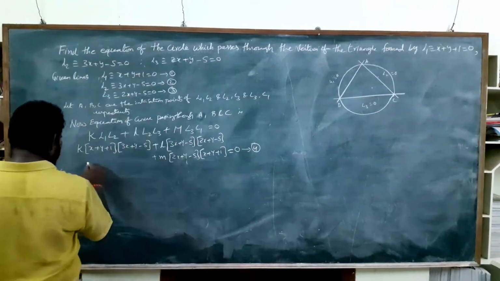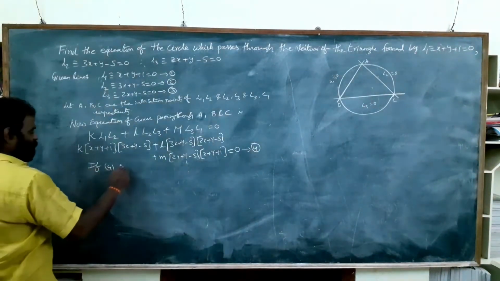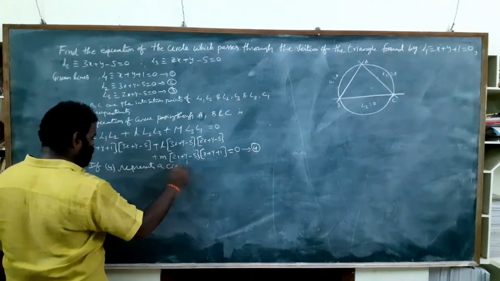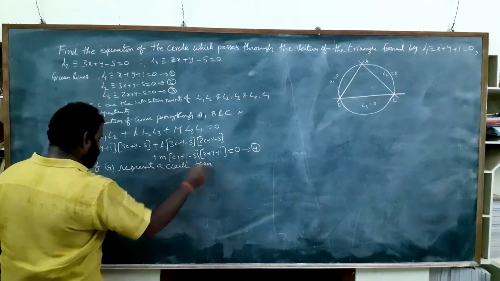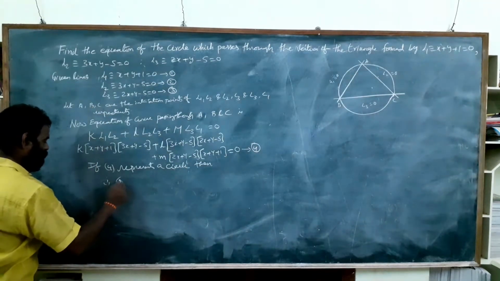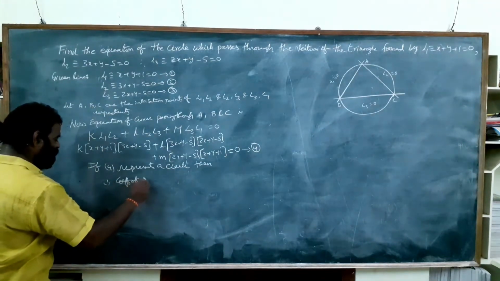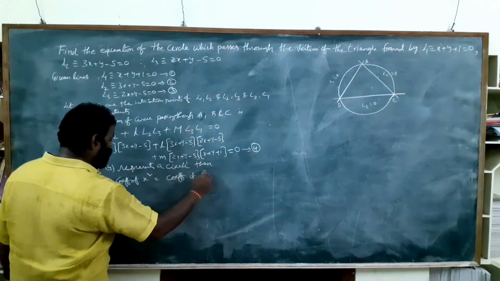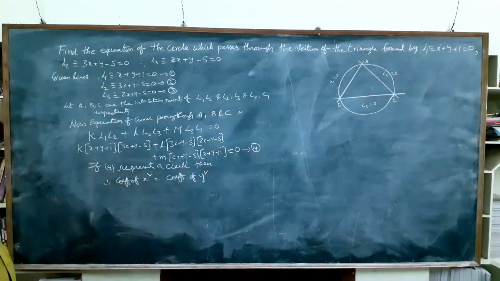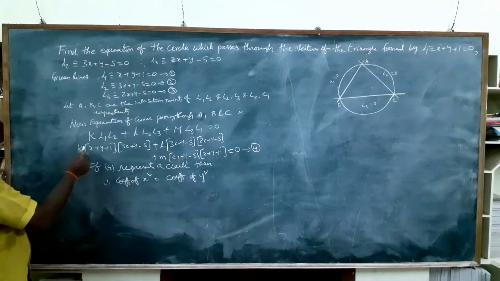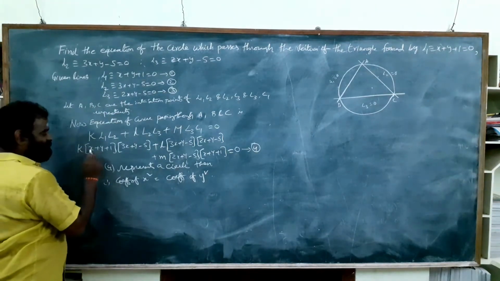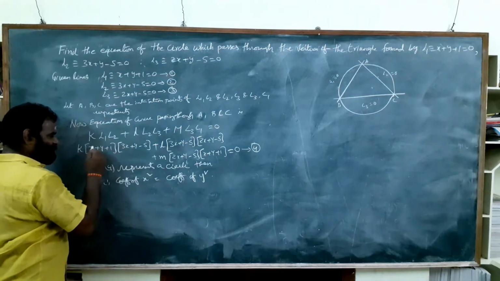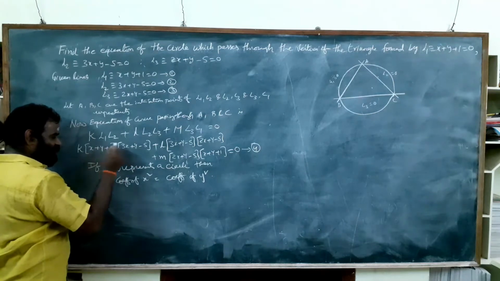So if 4 represents a circle, then first condition, coefficient of x square is equal to coefficient of y square. What is x square coefficient here? So you have taken here, what is x square? X into 3x. In this theorem, only x into 3x is 3x square.